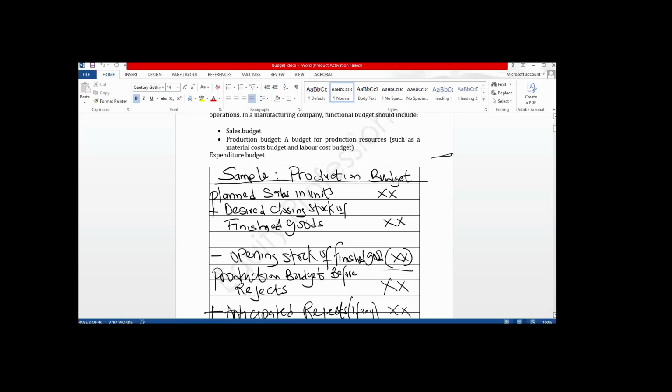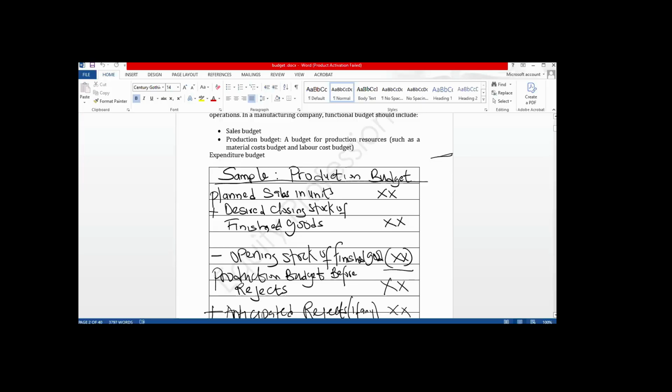Your production budget is prepared to show the quantity the company is planning to produce at a future period.